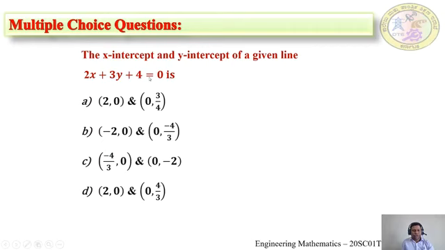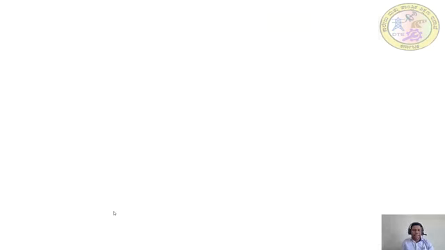Therefore y is equal to minus 4 by 3. So the y-intercept is 0 comma minus 4 by 3. So the x-intercept is minus 2 comma 0, and the y-intercept is 0 comma minus 4 by 3. Therefore the answer is minus 2 comma 0 and 0 comma minus 4 by 3. That is option B. Okay, this is how we can find the x-intercept and y-intercept.